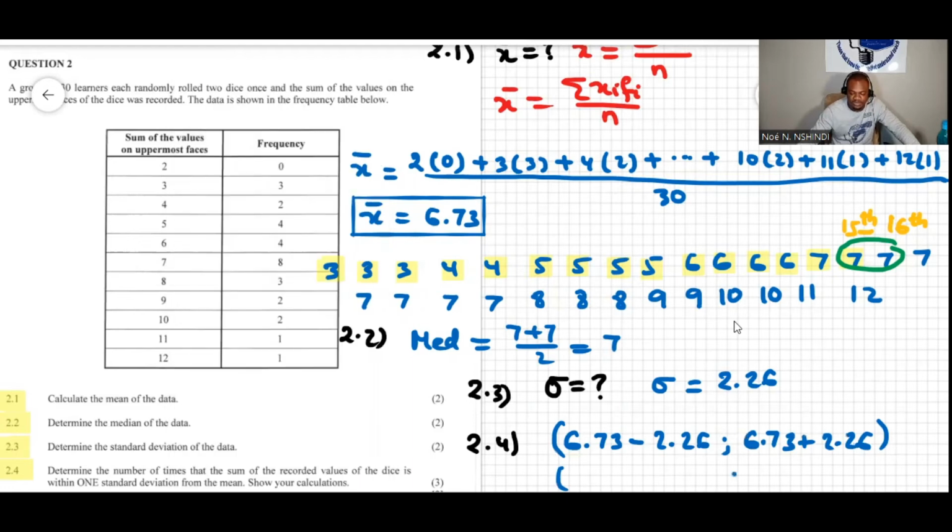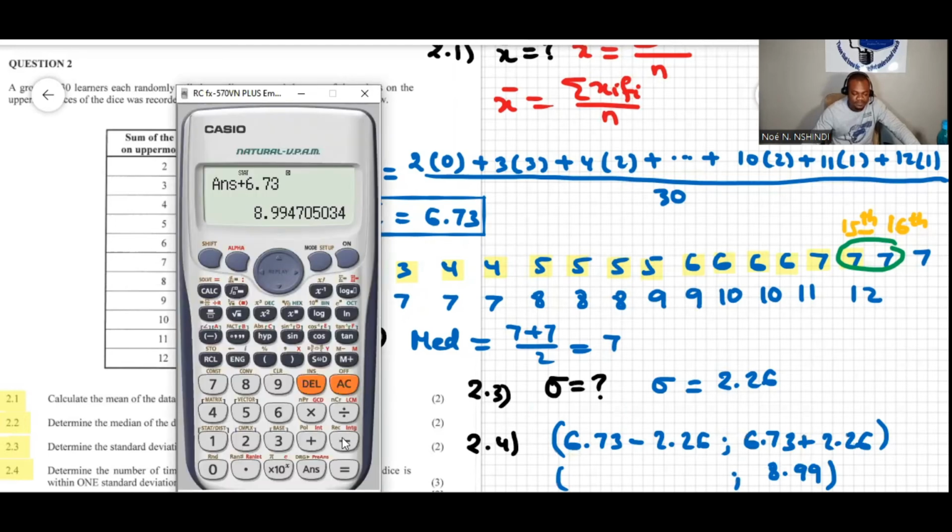Then let's minus the mean, so I'm going to do 6.73 minus this, and then just take the positive value. I guess you understand what I did.